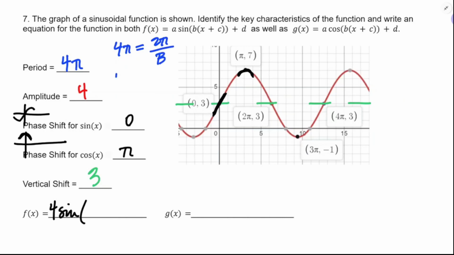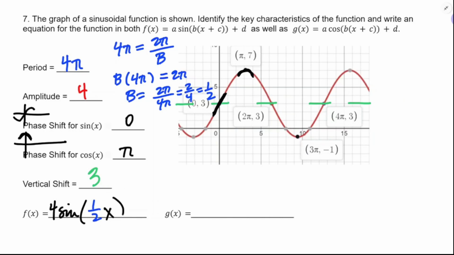If you want, you can cross multiply or just multiply both sides by b, and then divide it out. It's going to equal 2 over 4, which is a half. Okay, so it'll be b times x plus the phase shift for sine was 0, and then plus the 3 there.